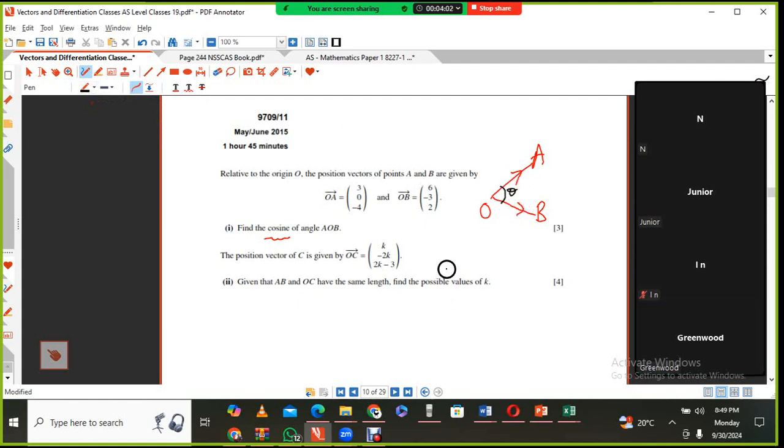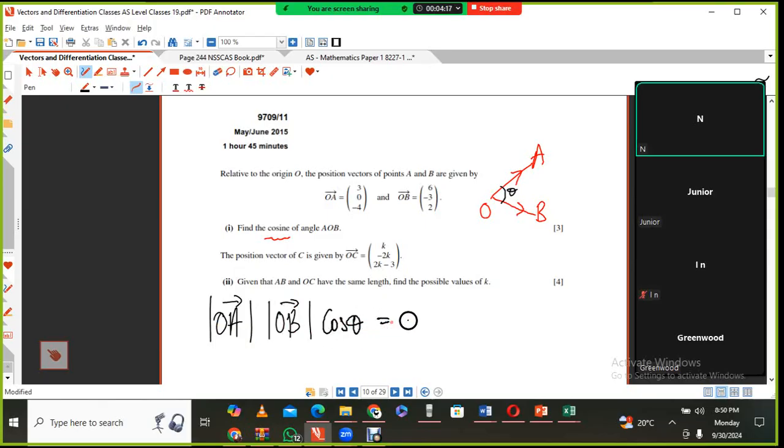I'll call it theta. In order to find that angle, again, you take the magnitude of OA times the magnitude of OB times the cos of theta, which should equal OA dot vector OB. It's the same one that we used before.